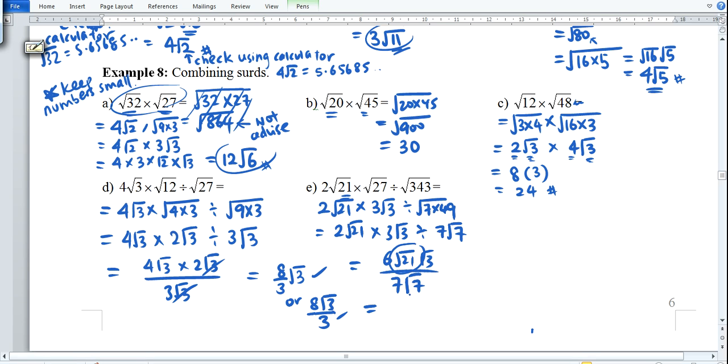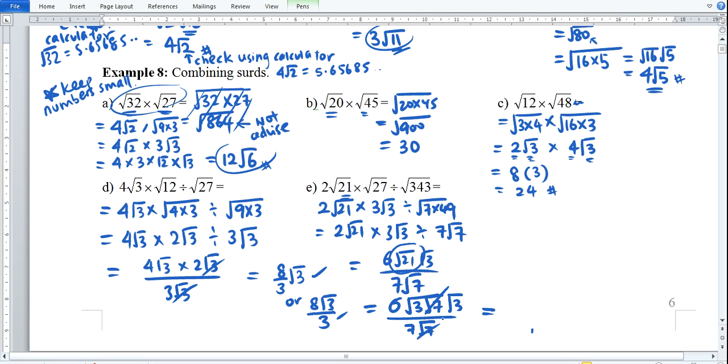But right now there is a square root 7 at the bottom, and square root 21 is made up of square root 3 and square root 7. So if I split up square root 21, I can see that there is a square root 7 to be cancelled away, and I'll be left with 6 times 3, because square root 3 times square root 3 is 3.